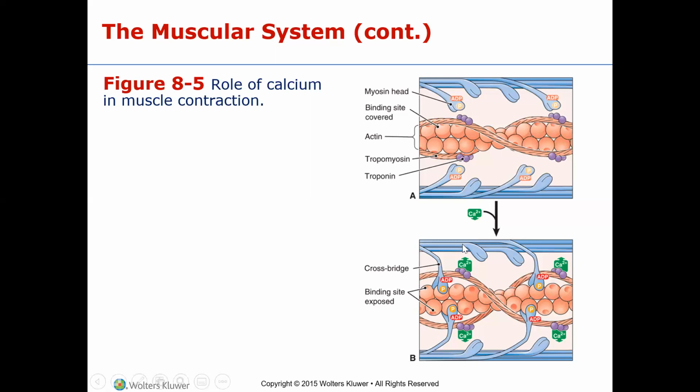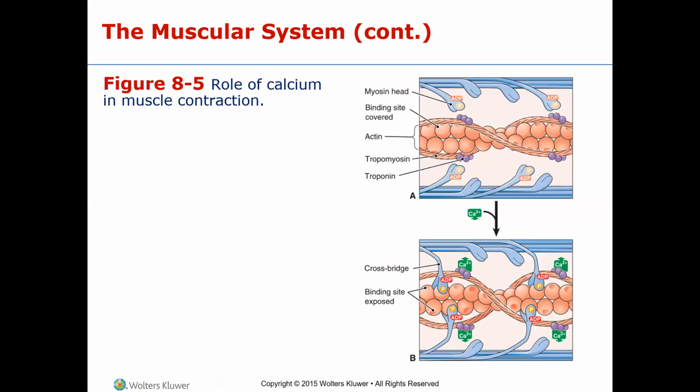calcium does the moving. So the calcium creates this space here and it latches on to the troponin, pulls the tropomyosin rope up, so that the myosin head can now attach to the binding sites of the actin.